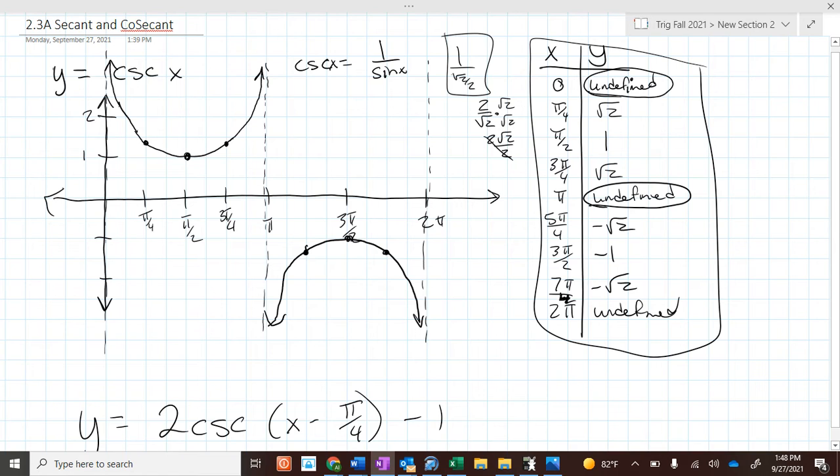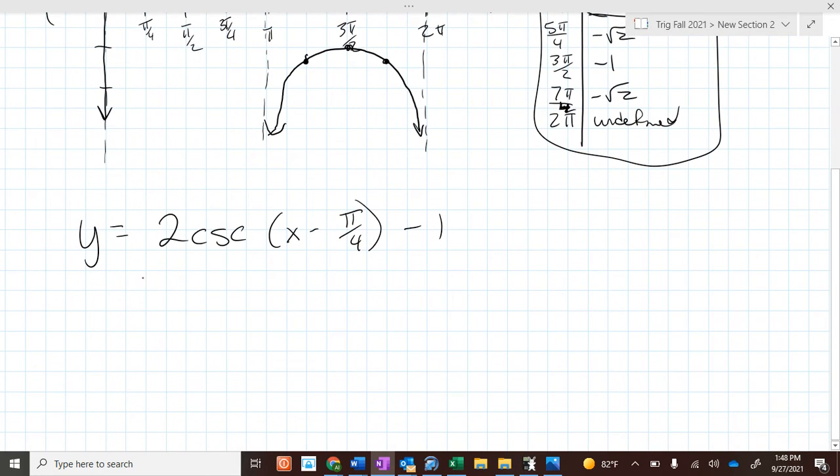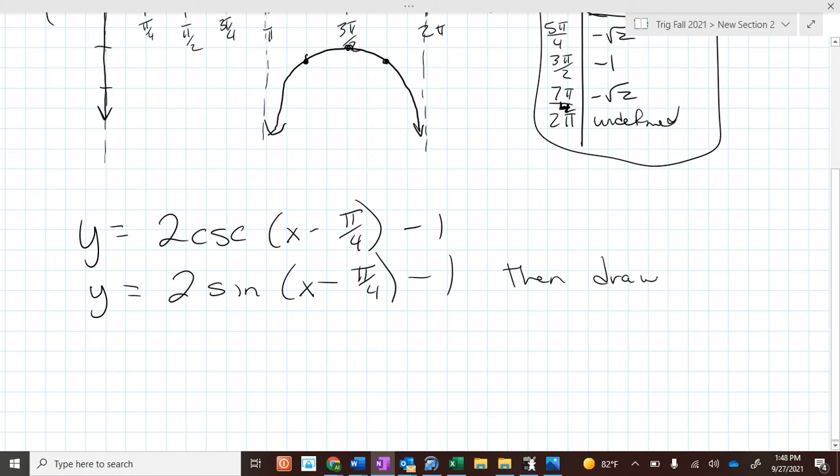Even though I could make it out on a chart like that, I could find the points. Mr. Bierschbach's cheat code: you're going to go y equals 2 sine of x minus pi over 4 minus 1. Then we're going to draw parabolas from that.